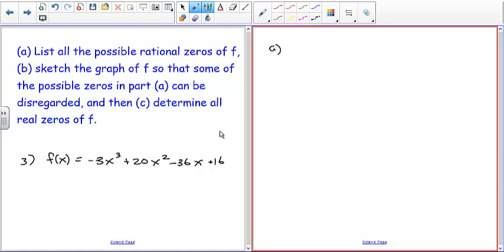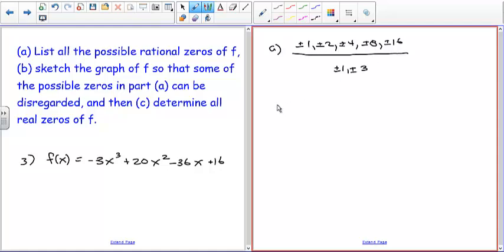Possible rational zeros. So the factors of 16 are 1, 2, 4, 8, 16. That's the factors for the numerator. And for the denominator, you could have plus or minus 1, plus or minus 3. So we got a lot of choices here. You've got all of these because you divide all of them by 1.